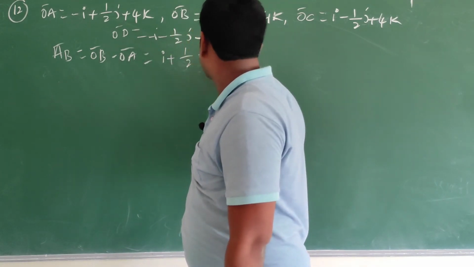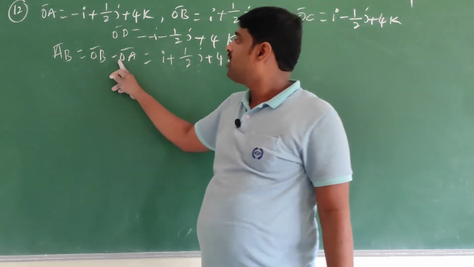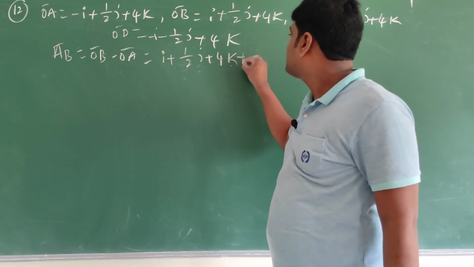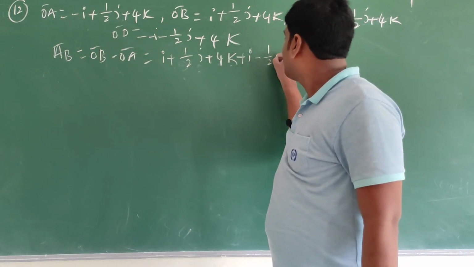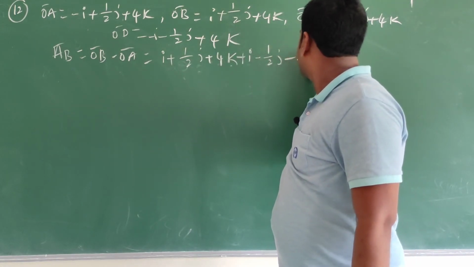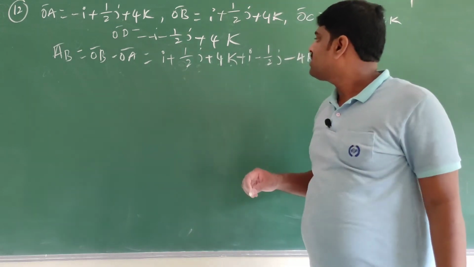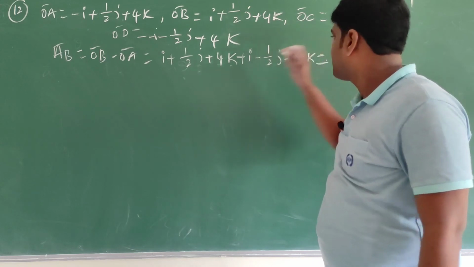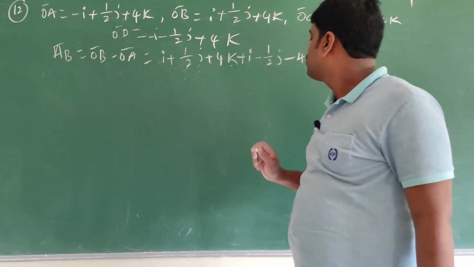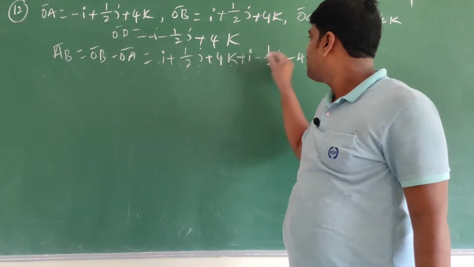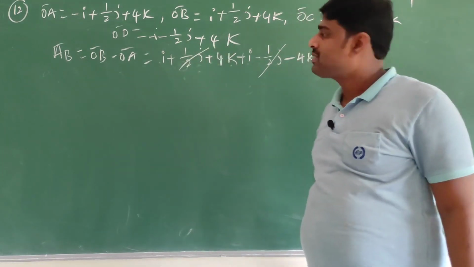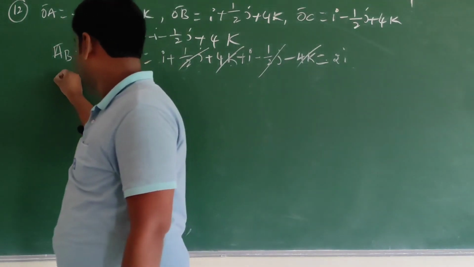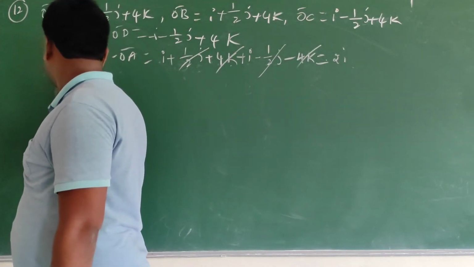OA bar is, be careful, this is OB bar, this is OA bar, plus i cap minus 1 by 2 j cap minus 4k cap. That is i plus i is 2i. 1 by 2 j minus 1 by 2 j cancels. 4k cancels.